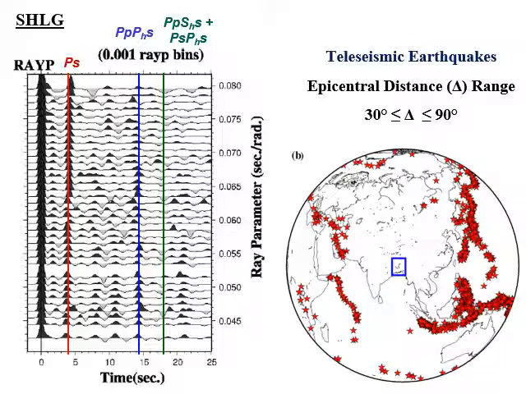What you clearly see in the plot on the left is the direct P wave arrival, and then you have the P to S converted phase, which is marked by the red line, and the reverberations, which are marked by the blue and the green lines. So these are essentially receiver functions computed for each earthquake, which are now plotted as a function of ray parameter, which is basically the distance from the station.